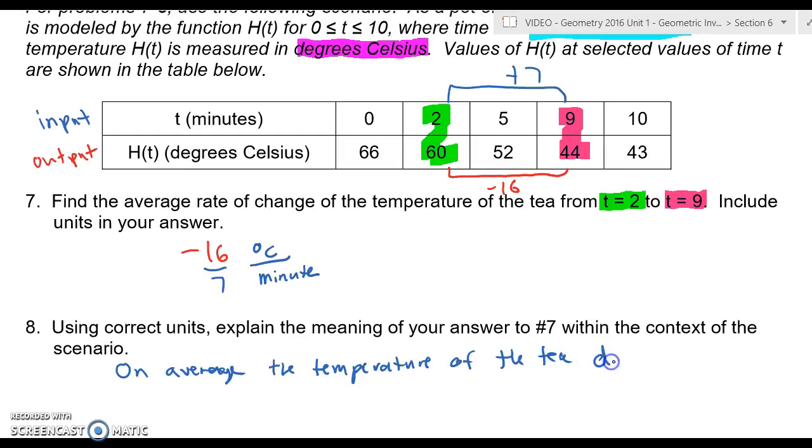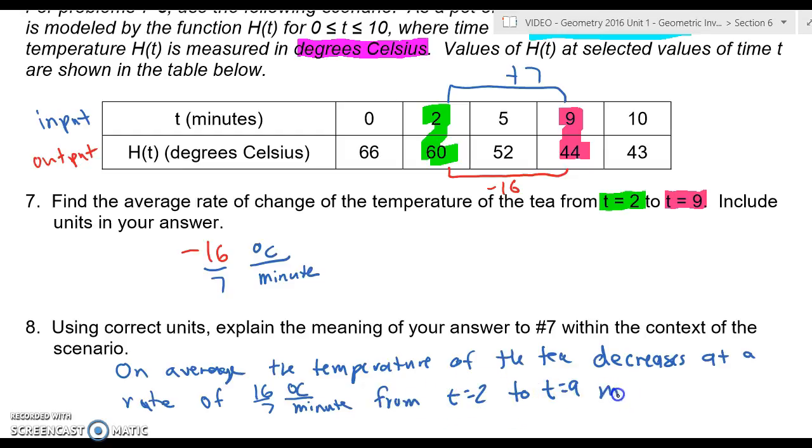So the temperature of the tea decreases at a rate of 16/7 degrees Celsius per minute. We'll talk about something interesting that happened there in just a second. From t equals 2 to t equals 9 minutes.